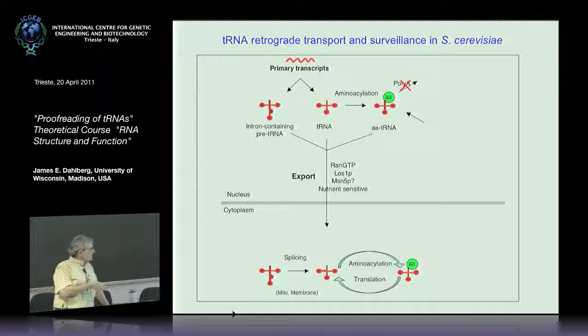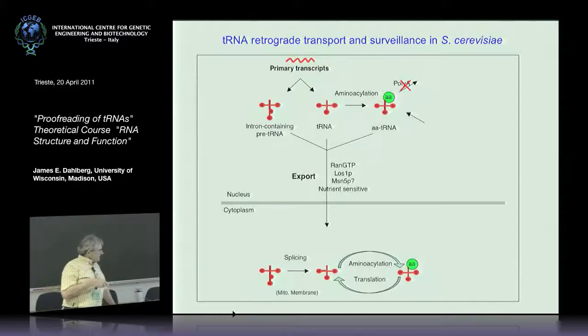And so then the question arises, is there any kind of proofreading for splicing in yeast that is equivalent to what, actually I didn't show that data, but efficiency of export is much better with tRNAs that are spliced from the Xenopus system.